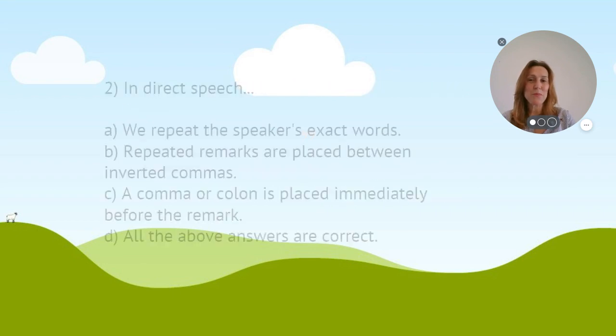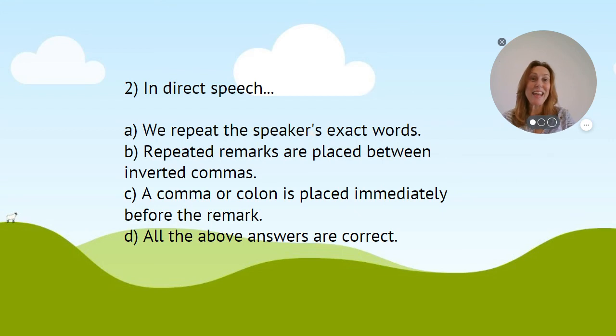Number 2. In direct speech, we repeat the speaker's exact words. Repeated remarks are placed between inverted commas. A comma or colon is placed immediately before the remark. Are you going to choose one of these, or are all the above answers correct?